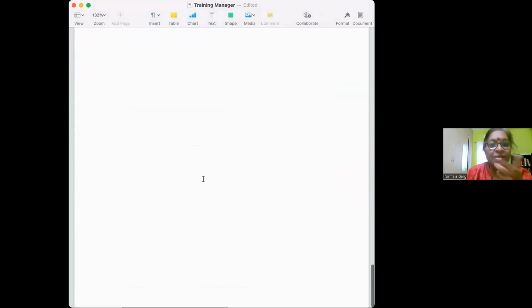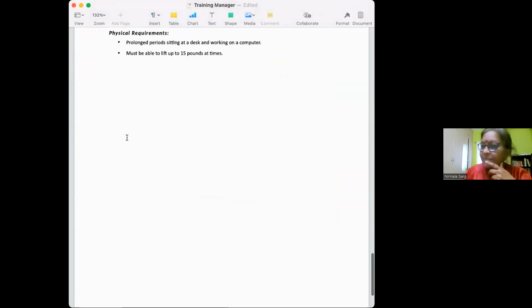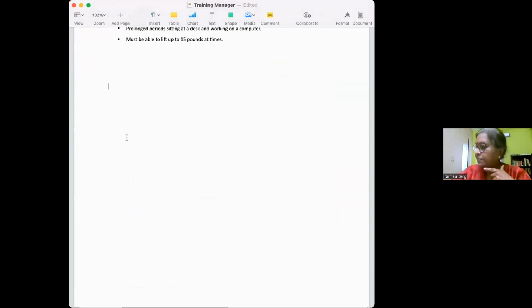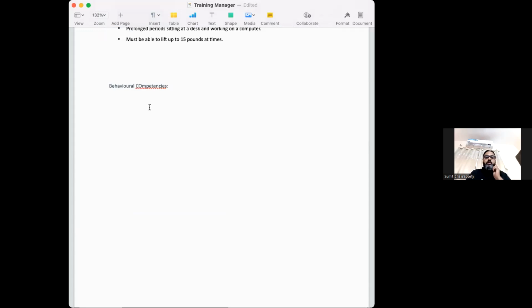You can do it here itself. 1, 2, 3, 4, you can just list down behavioral competencies. Behavioral competency for this particular role, for this position which you have done. For this role. Okay. For threshold or for the no.